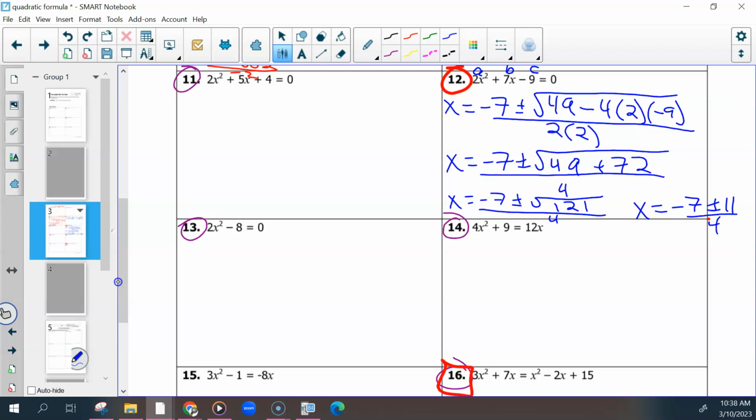So then we would separate this into 2. I'm going to write this in 11 spot. I'm running out of space. X equals negative 7 minus 11 all over 4, and negative 7 plus 11 all over 4. What would that first one be?